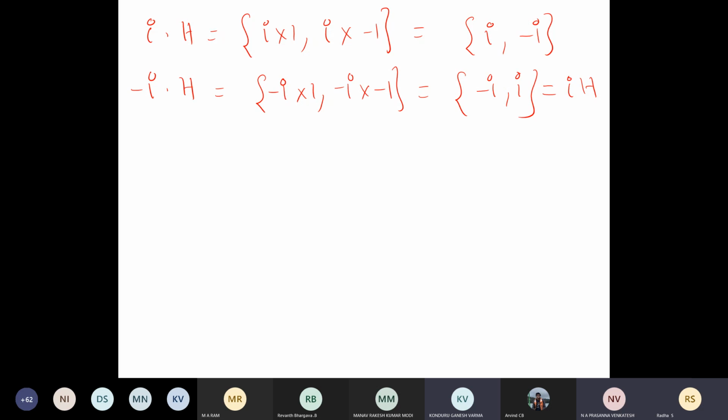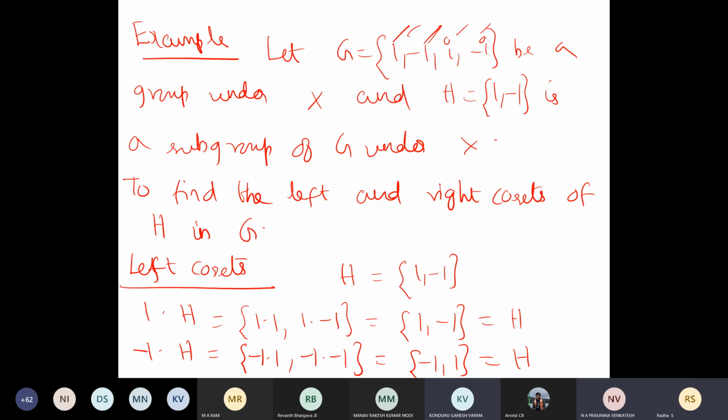So actually how many cosets are there? Distinct cosets. I have written 4 cosets because there are 4 elements in G, but not all are distinct. Only 2 are distinct. Something you can observe. Whenever I take 1 and minus 1, they are already elements of H, right?